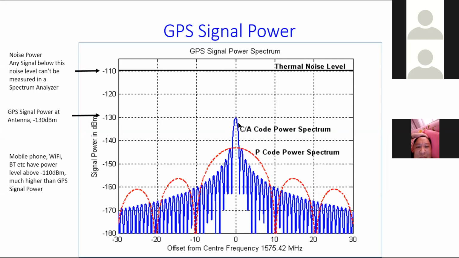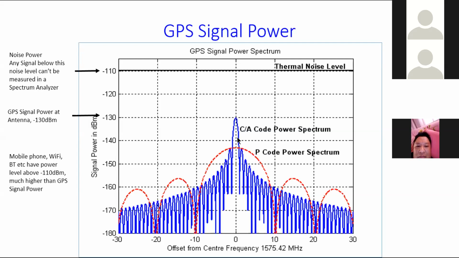The spectrum analyzers cannot measure this signal unless you make it very strong. Okay, so this is a military signal. That means if you don't know how to generate the PIN code, it's impossible to detect this signal. Okay, this is the benefit for the military, that you hide everything inside the noise and you broadcast so that you can't see anything, unless you know how to decode those signals.